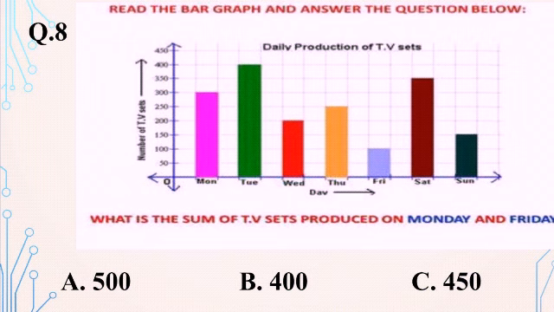So here you have to see how many TVs were produced on Monday as well as Friday, and add the numbers. After adding, what you get will be your answer. Now the answers are option A 500, option B 400, and option C 450.